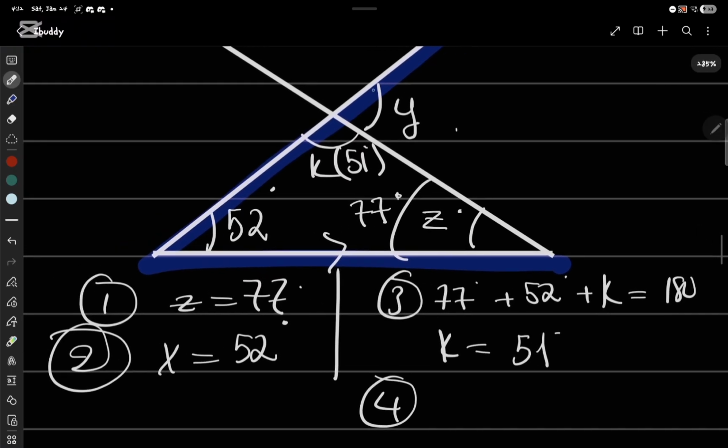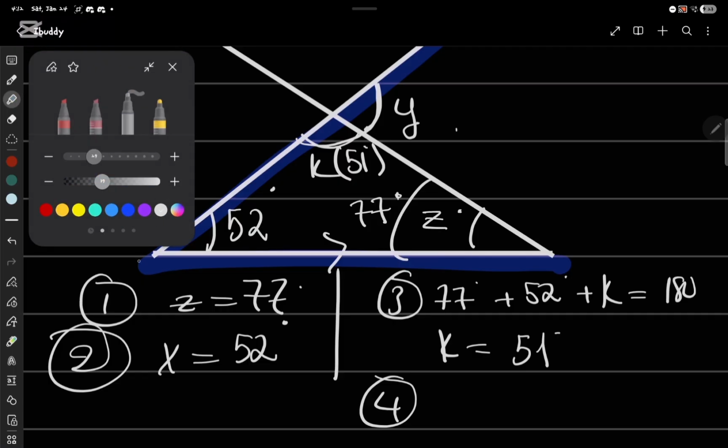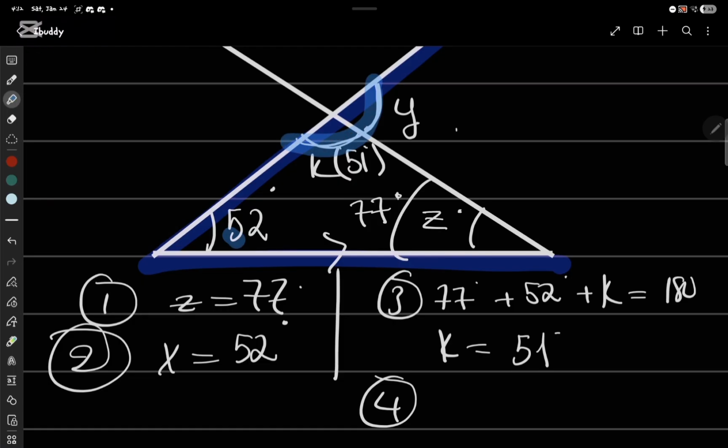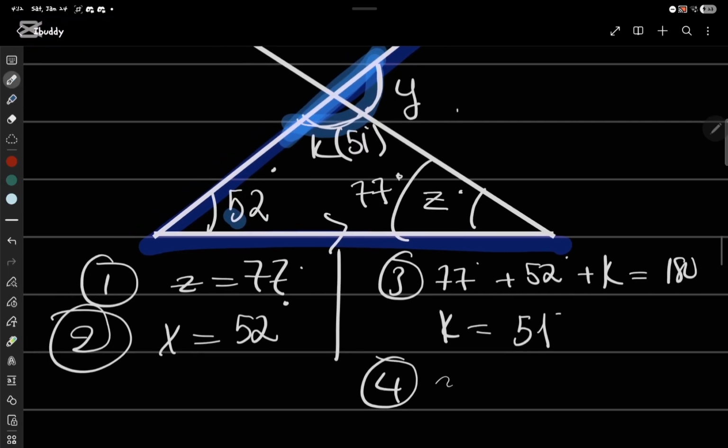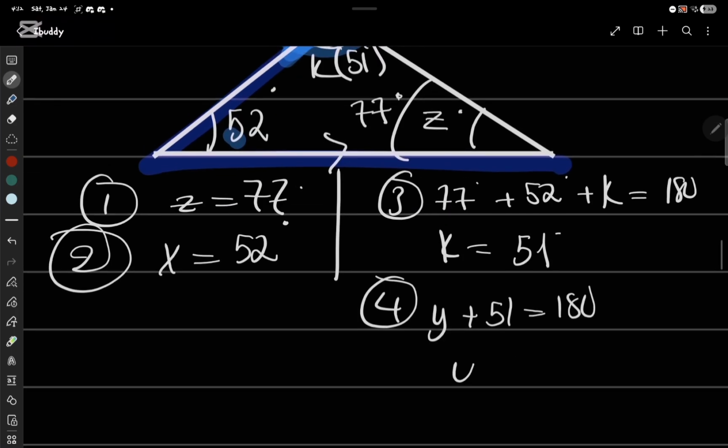All right, and to find Y, it's pretty obvious by now. Y and K lie on the same straight line, so they add up to 180. So Y plus 51 equals 180. Solve for Y, which will give you 129 degrees.